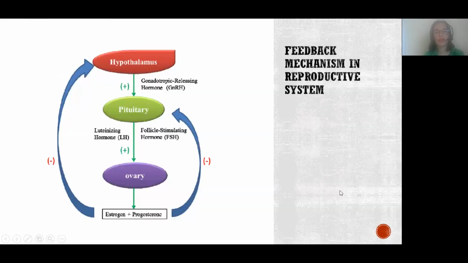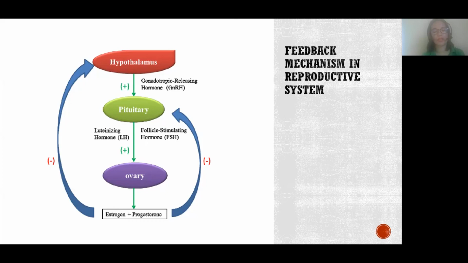So for the feedback mechanism in the reproductive system, let's try to look at the role of the hormones, how these hormones play an important role in making the reproduction cycle possible.